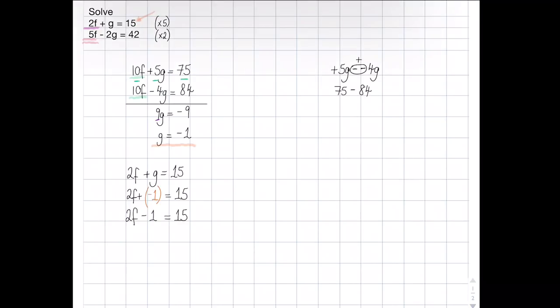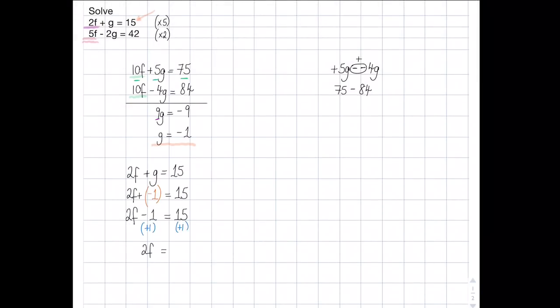I now need to solve this equation. So I'll have to add 1 on this side and add 1 on this side, which will then take me to a point of 2f equals 16. And then I need to get rid of the 2 that's being multiplied by the f, so I divide both sides by 2, and then that ends up giving me f on that left hand side, and 16 divided by 2 is just 8.